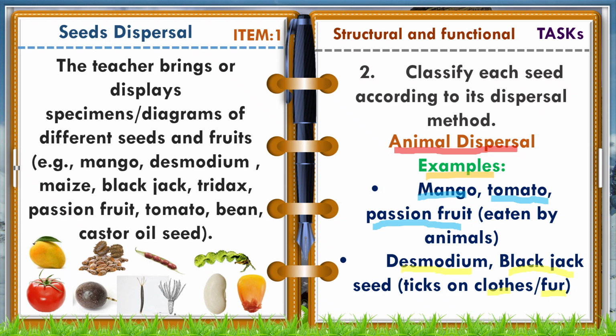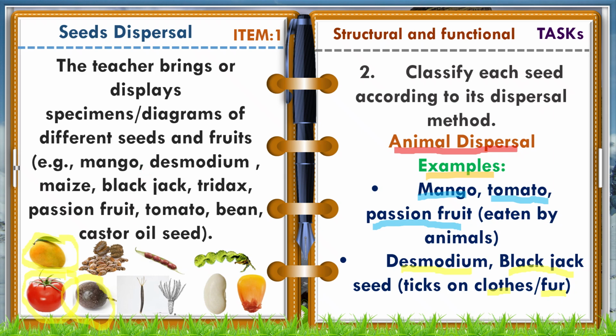For example, here we have the tomato, the mango, the passion fruit. These ones are going to be dispersed by animals. When the animals come and eat these seeds or the fruit, then they will pass over the seeds to other areas.